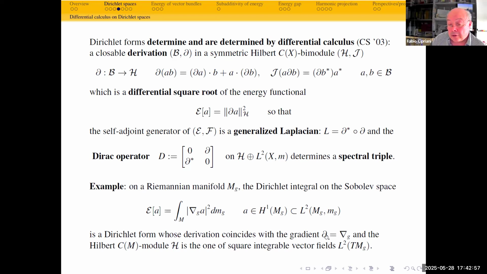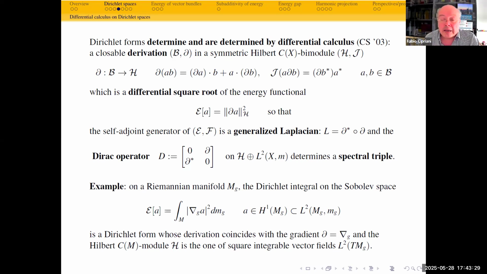And the gradient operator takes values in the bimodule of square integrable vector fields on the manifold, which is a bimodule because we can act on the fields by multiplying them by continuous functions. So this is the main example to have in mind.